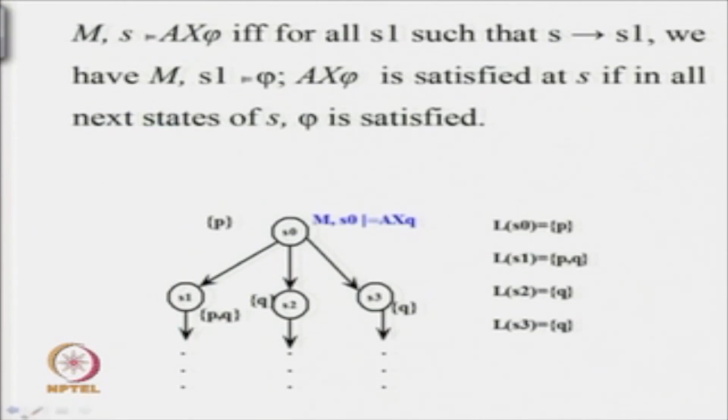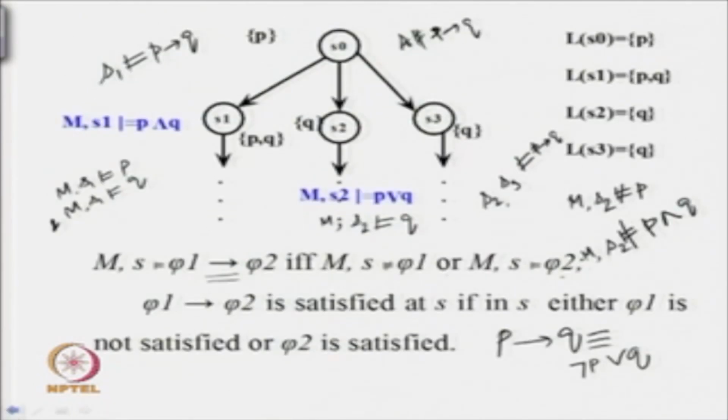Now, till now we have been discussing CTL formulas, and we have defined the syntax of our CTL formulas. Now we are going to define the meaning of our CTL formulas and what operators we have in them.